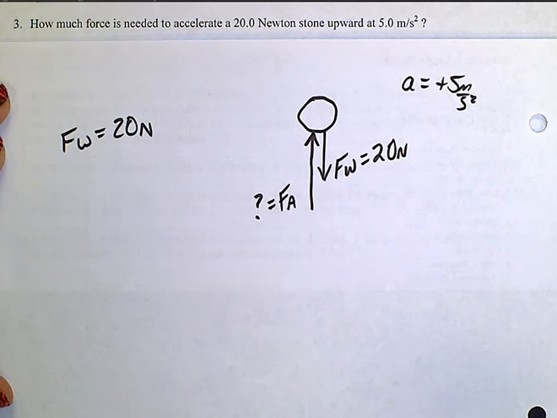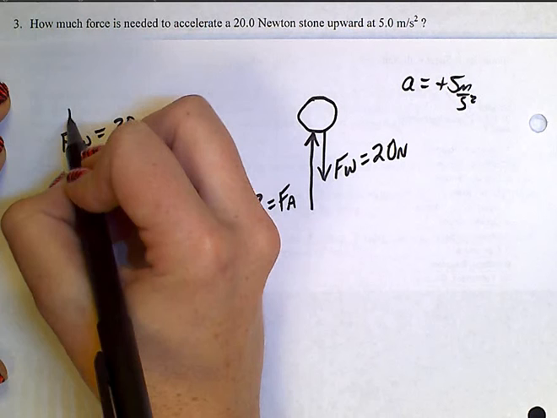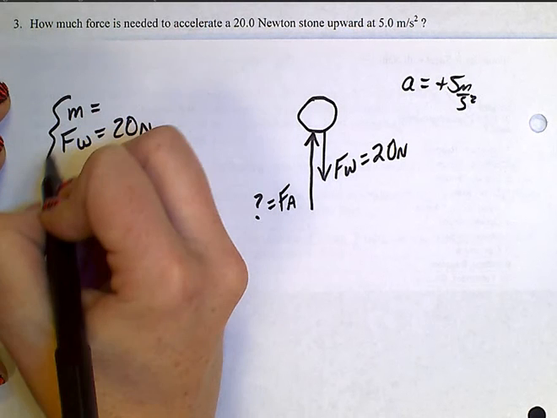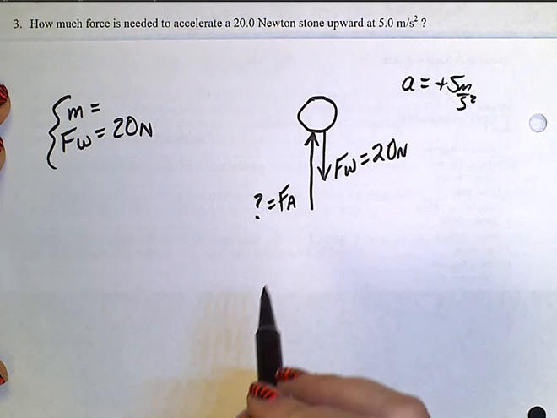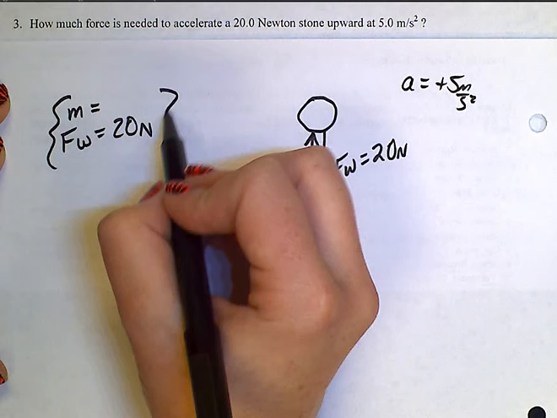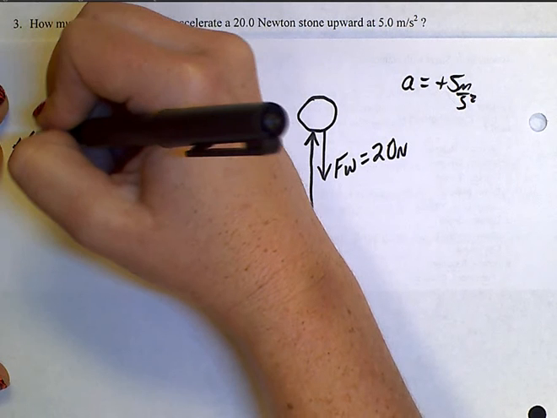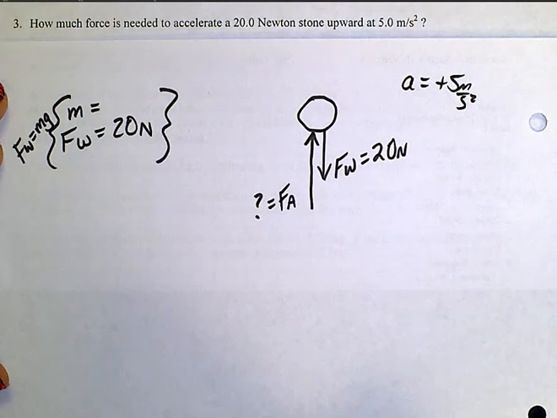Alright, so I have my free body diagram. I've got the weight since it's a vertical problem, but I'm also going to need the mass. Now this is a side piece. This has nothing to do with the forces in F = ma. It doesn't have anything to do with the 5. This is just a separate section where I use Fw = mg. I'm either multiplying or dividing by 9.8.